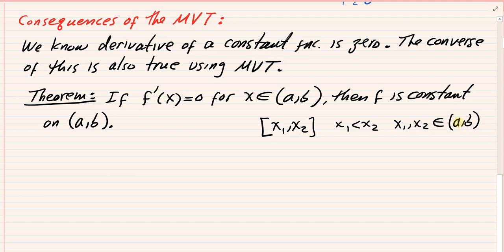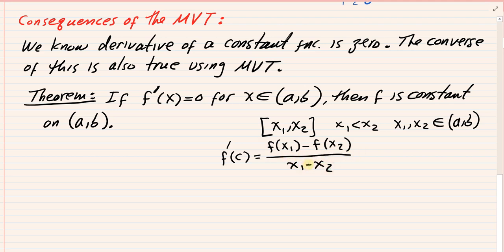Now this is a closed interval, and because the function is continuous, we can say by mean value theorem f prime at c equals f at x1 minus f at x2 divided by x1 minus x2.